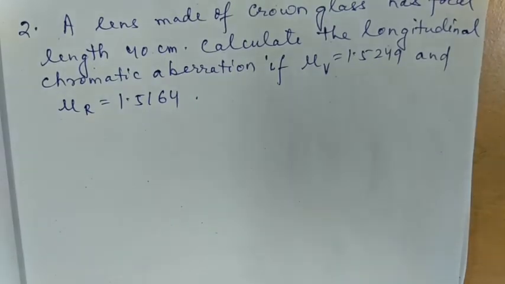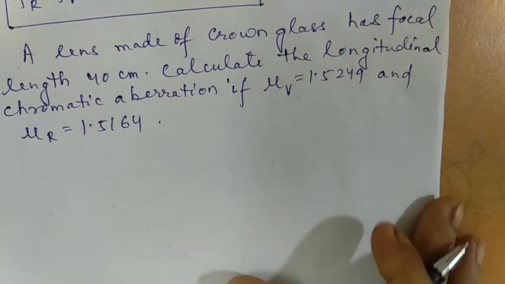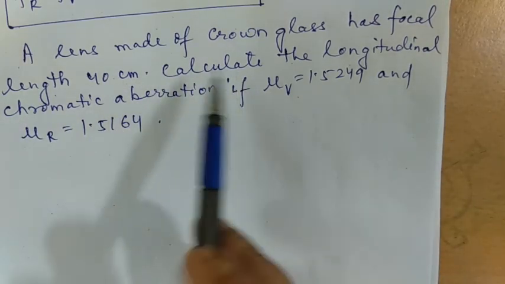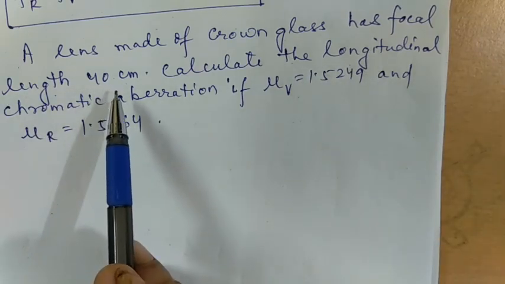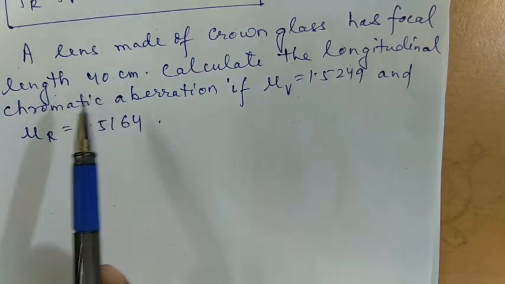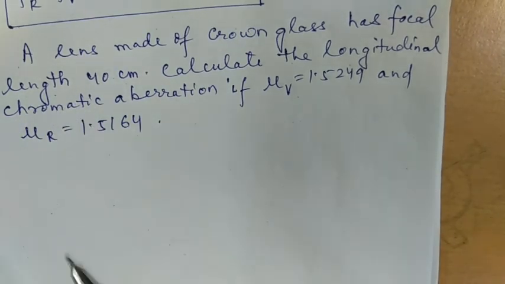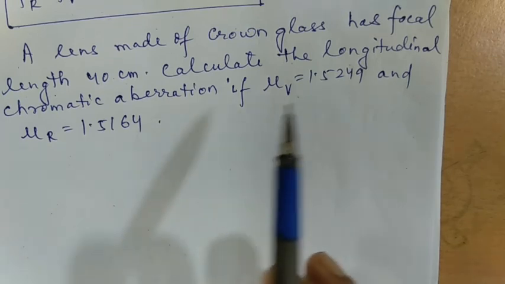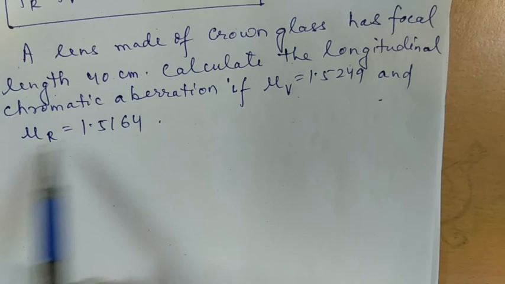So how to do this problem? Let's see. Now a lens is made up of crown glass, has focal length 40 centimeter. When a focal length is given in a question, that means this is the focal length for the main color, that is, for yellow.